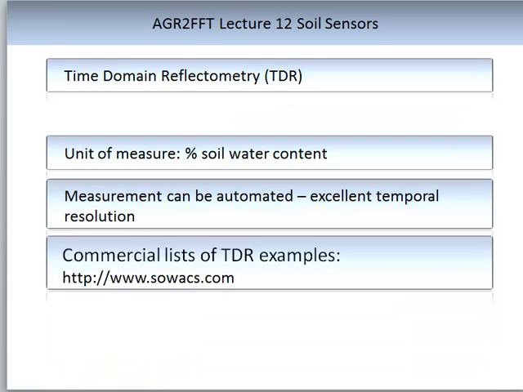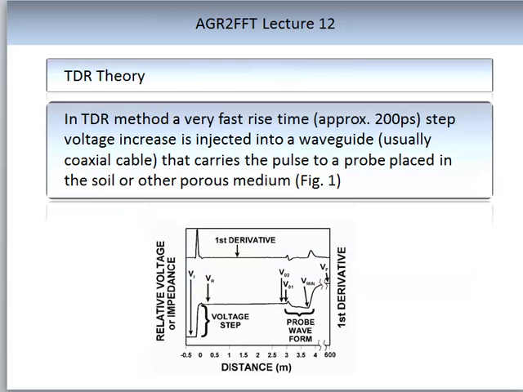The unit of measurement appears as a percent of soil water content. Measurement can be automated, thus giving it excellent temporal resolution. A list of some commercial examples of TDR can be found at the following website. The TDR method relies on a very fast-rising step voltage.